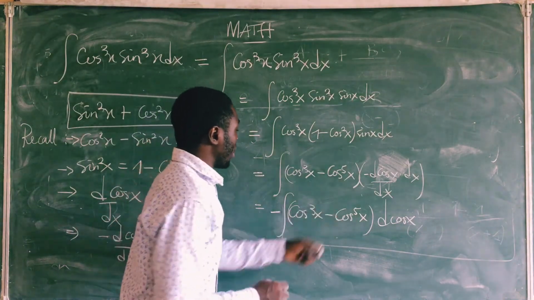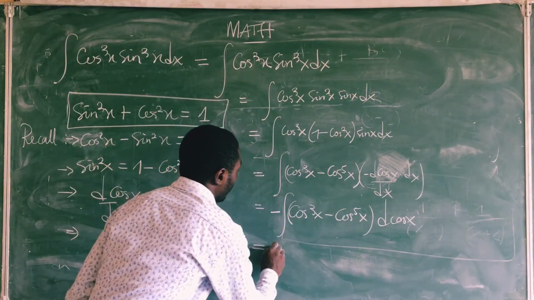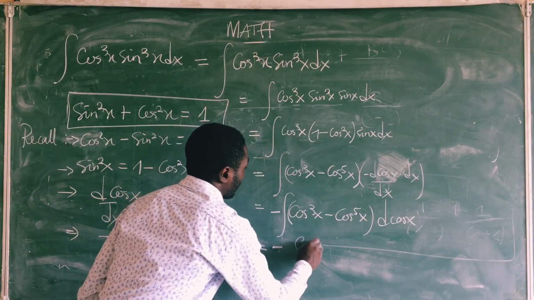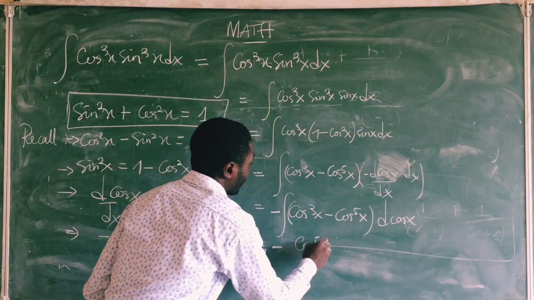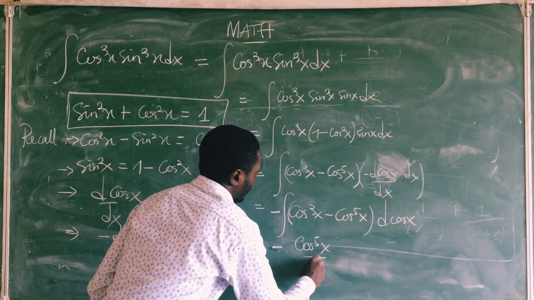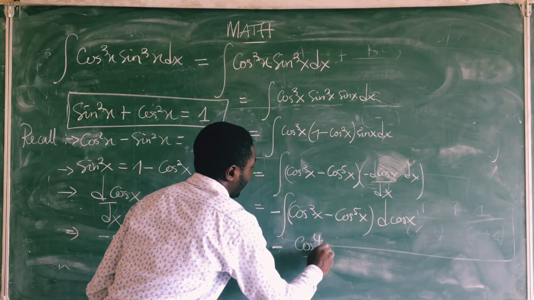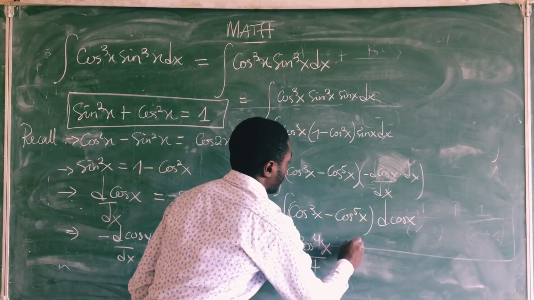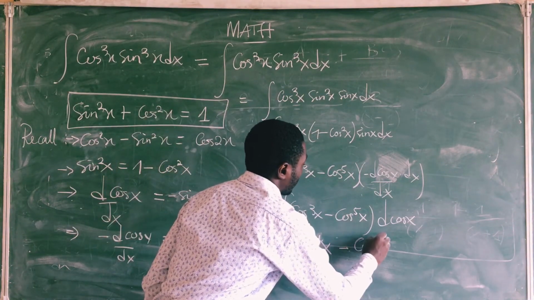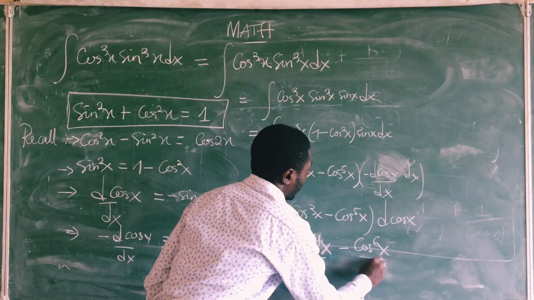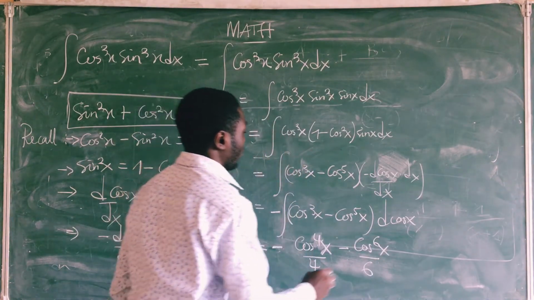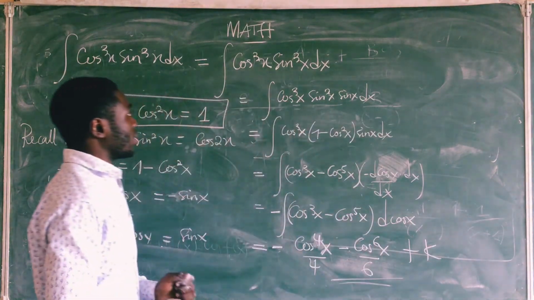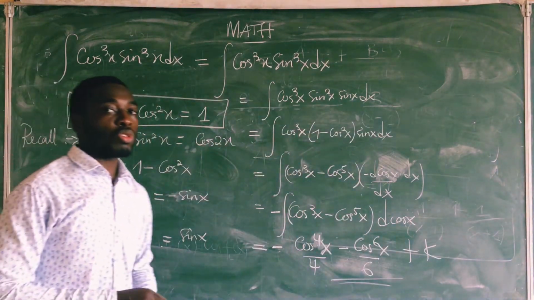So the integral will simply be minus, and if I integrate this, I'm going to have cos to the power 4x on 4 minus cos to the power 6x on 6 plus 3. So that is the integral of the function.